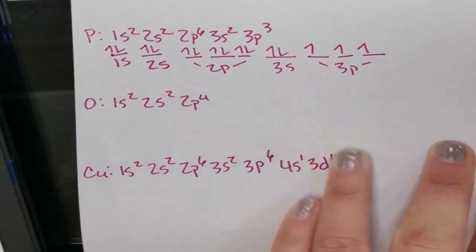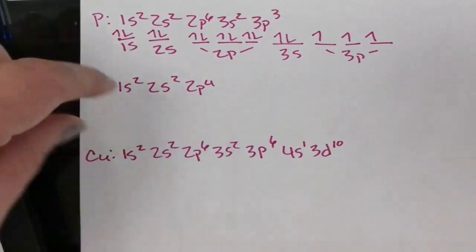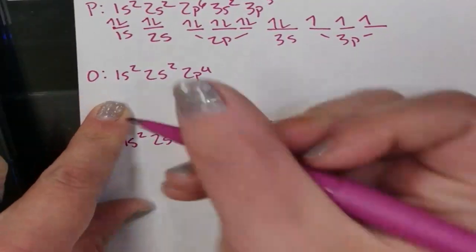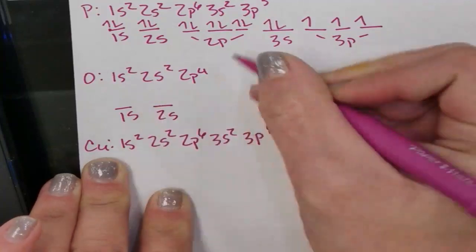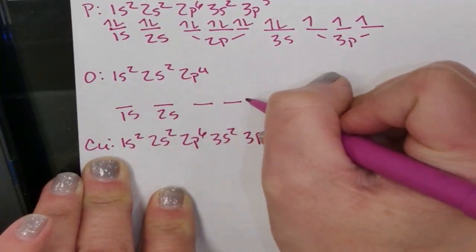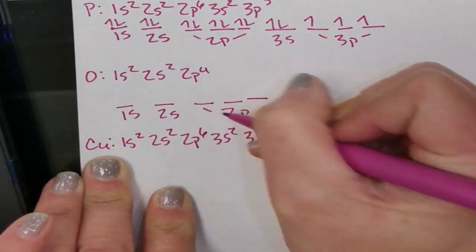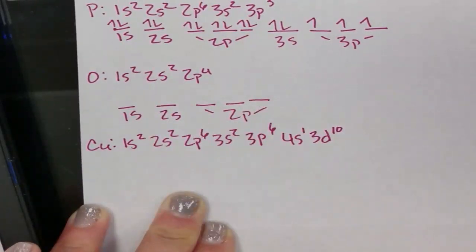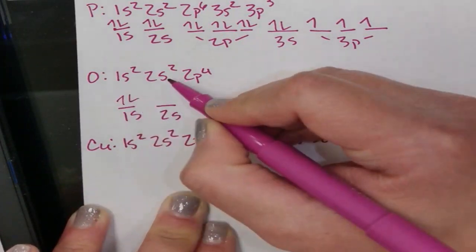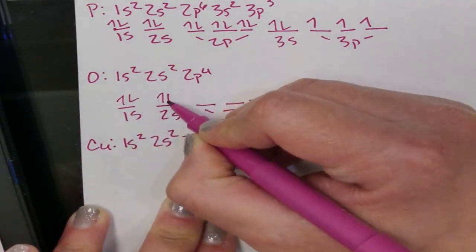So let's look at oxygen. Oxygen has a 1s, a 2s, and a 2p. The p has 3 possible orbitals. There are 2 electrons in the 1s. There are 2 electrons in the 2s.